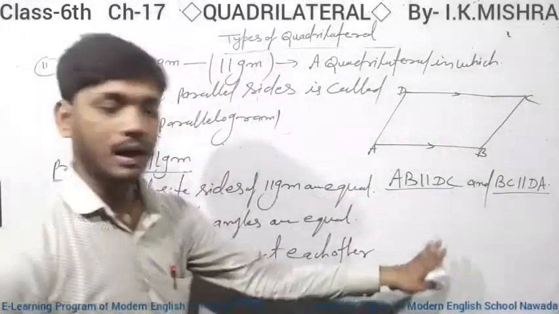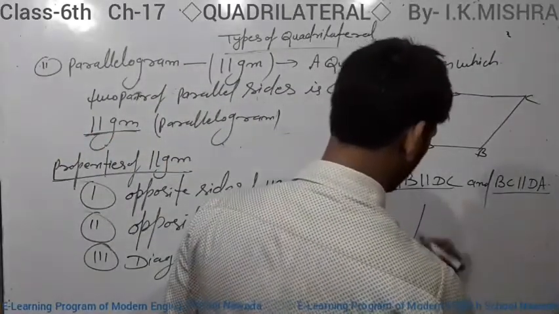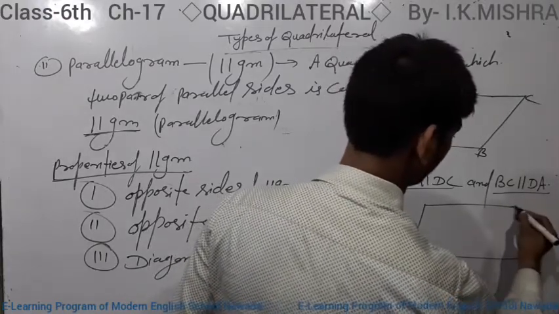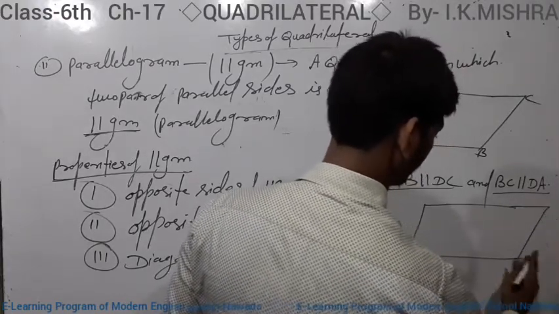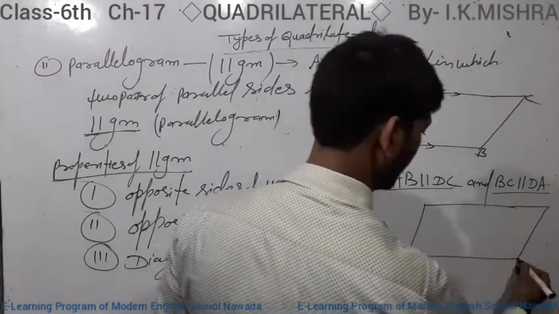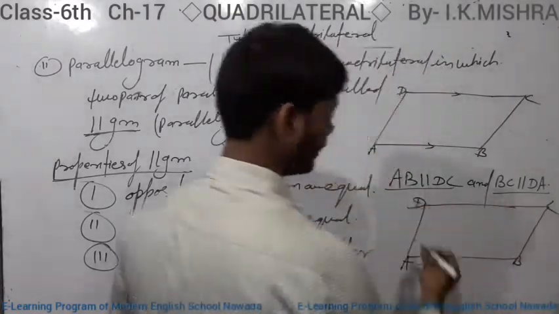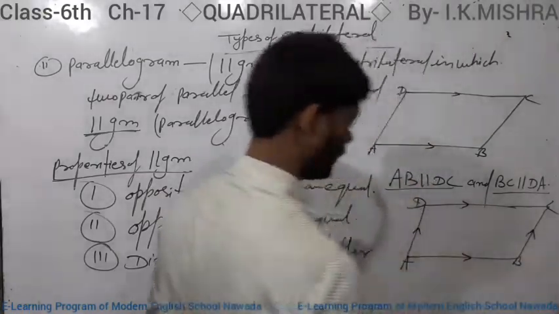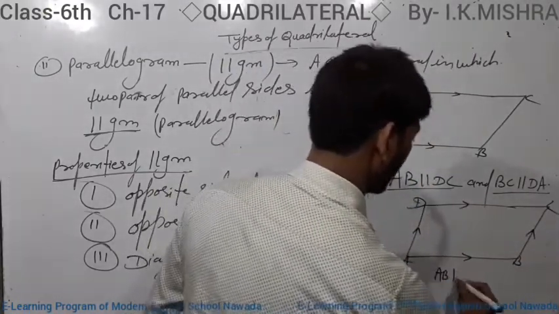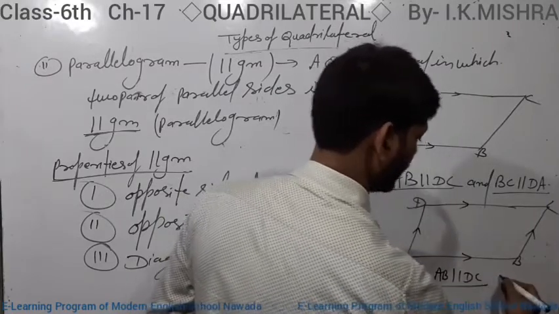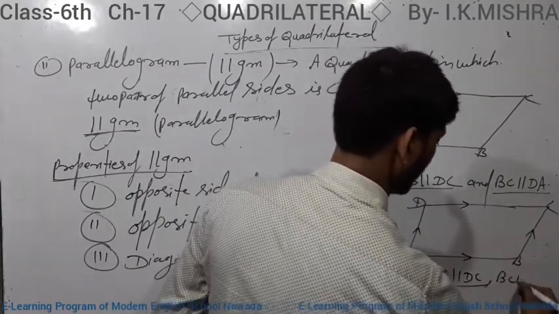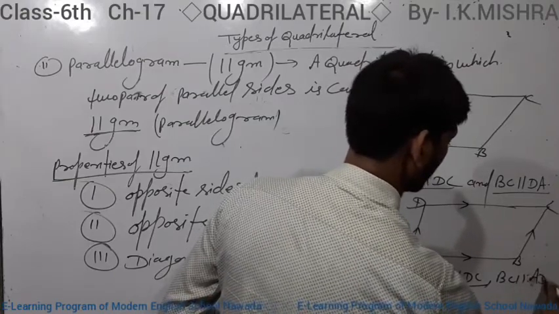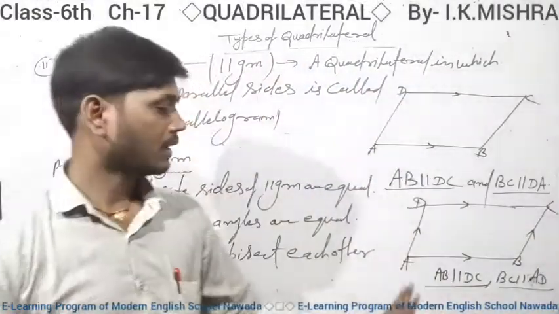Friends, here I draw a figure, a parallelogram. A, B, C, D. Here AB is parallel to DC and BC is parallel to AD. Here there are two pairs of parallel sides.